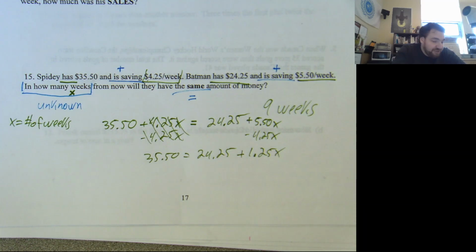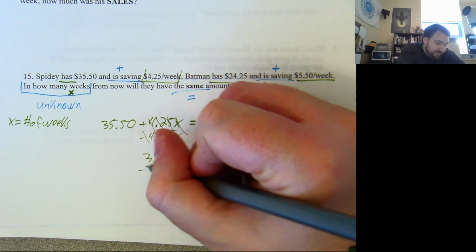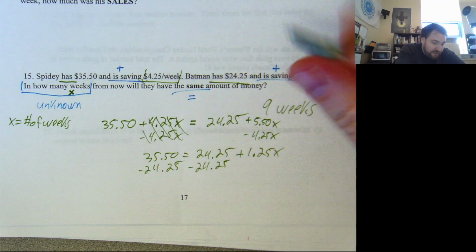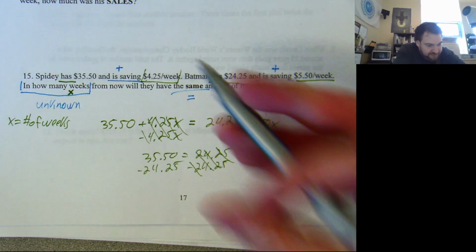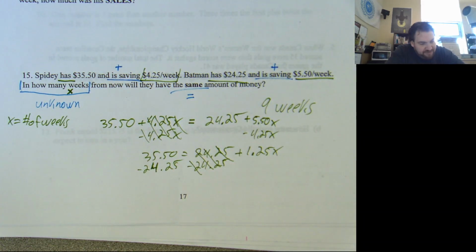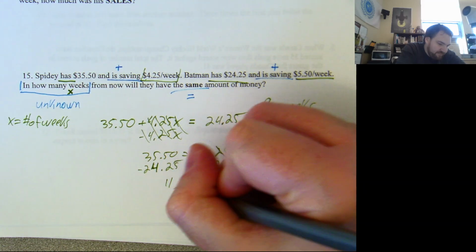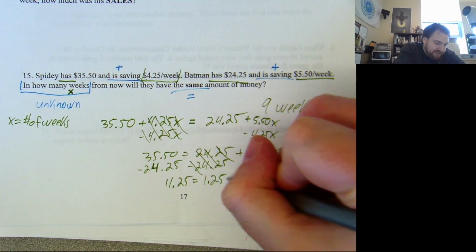Now we're going to subtract 2425 from both sides because we want to get x by itself. Here those cancel. The left-hand side is $11.25. Is that $11.25? I think it is. And that's going to equal $1.25x.